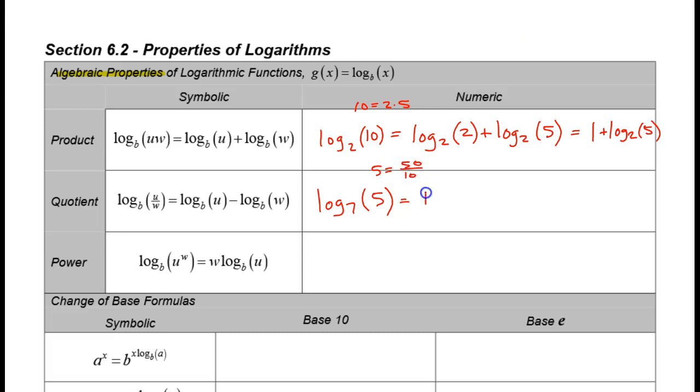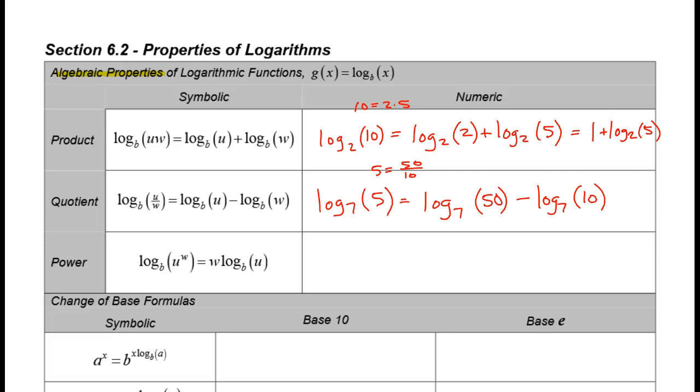So I could rewrite this as the log base 7 of 50 minus the log base 7 of 10. Okay, so there's the quotient rule illustrated for you. Here I didn't necessarily pick any nice numbers. I'm just picking numbers 5 and 7 and showing you one way that this property works.